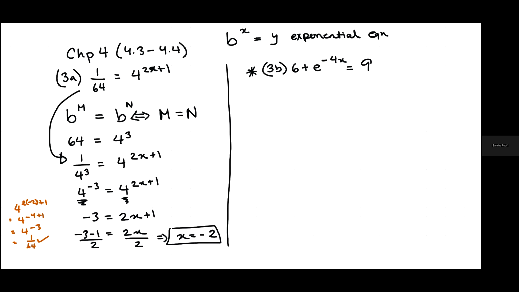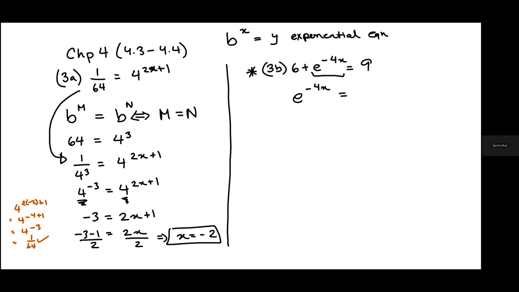Now let's look at the next problem, 3B. Now what happens is this is the part that's the exponential, so we would first want this to be isolated on one side. So we would go ahead and subtract 6 on both sides, and we end up with e to the negative 4x equals 9 minus 6, which is 3.